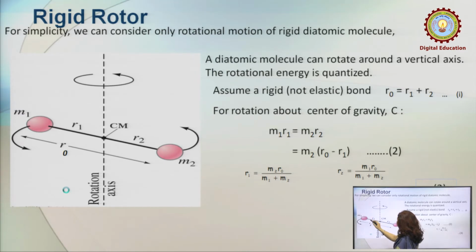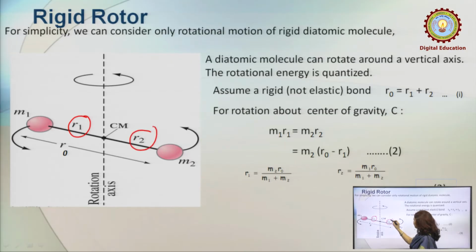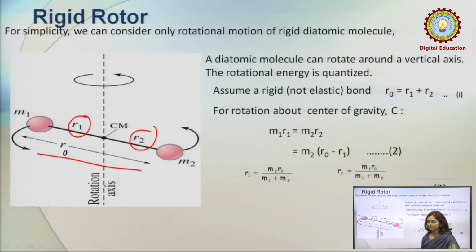The distance between M1 and the center of gravity is R1, the distance of the other atom M2 from the center of gravity is R2, and the total distance is R0. For rotation, assume a rigid or non-elastic bond where R0 is equal to R1 plus R2.